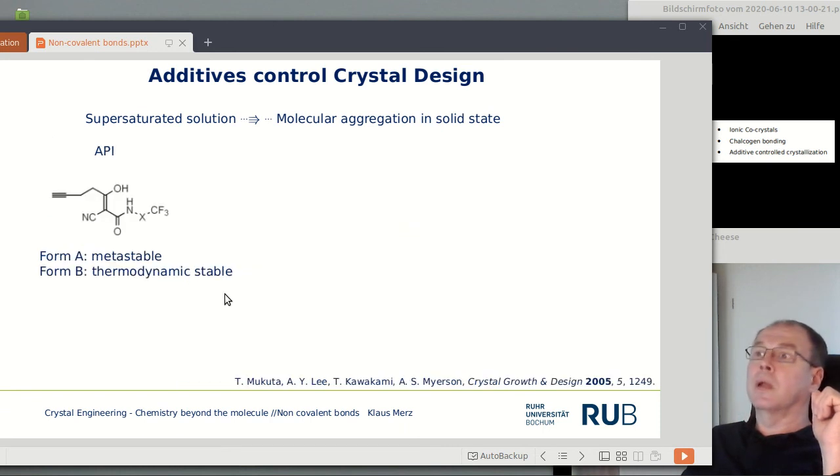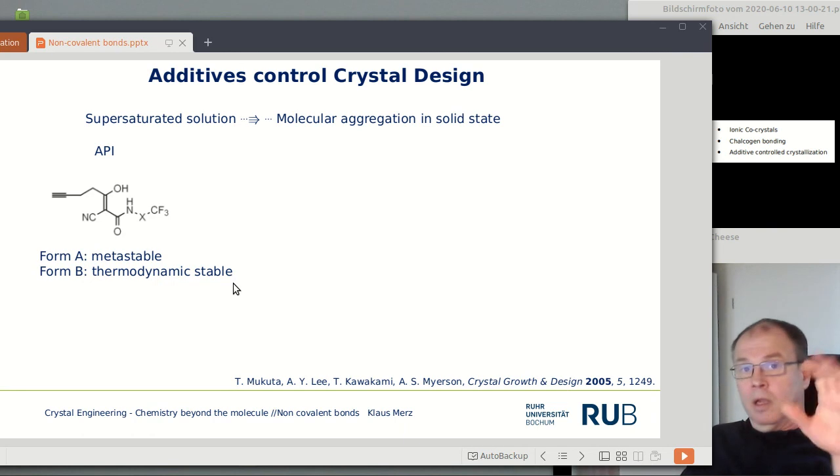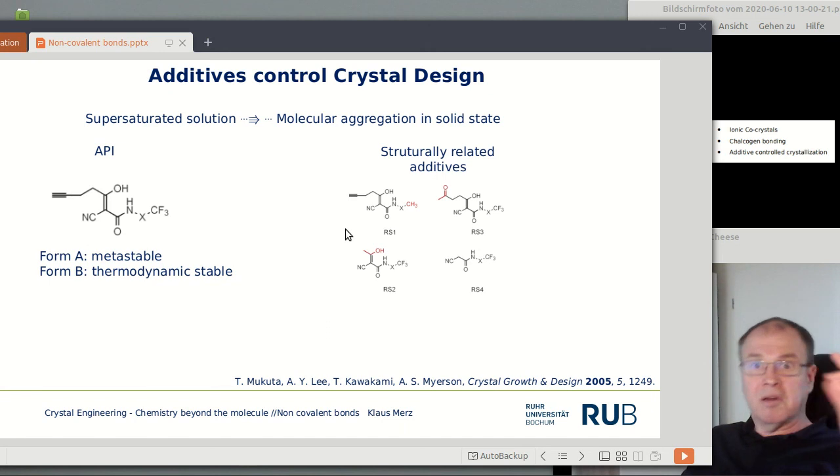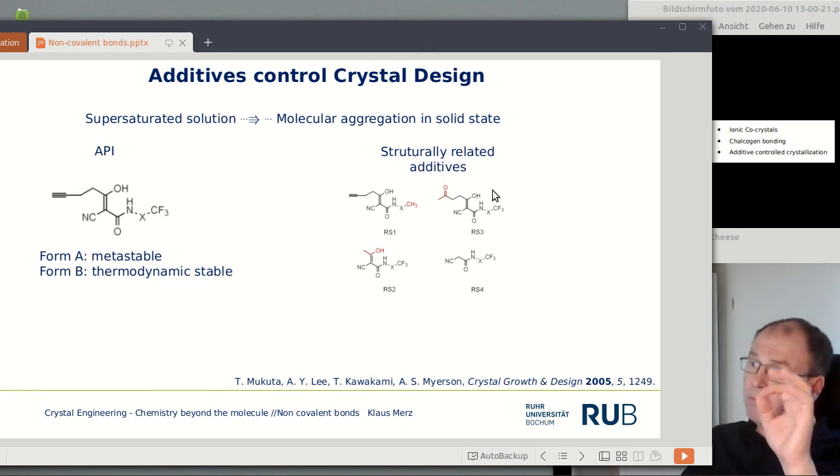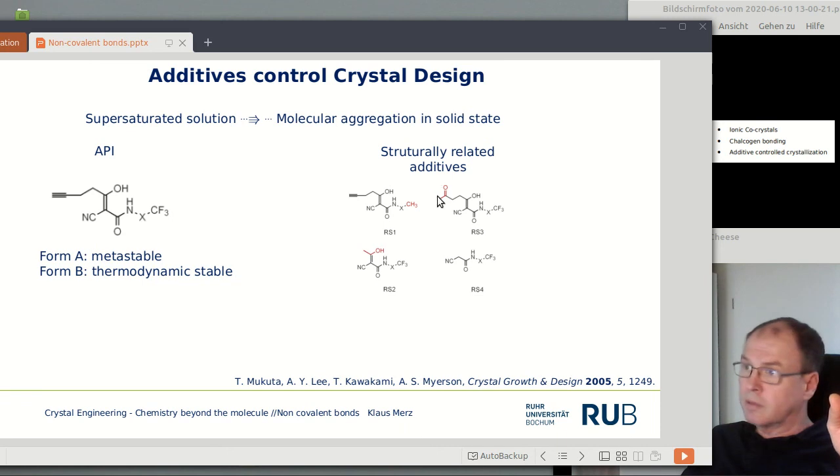Well, have a look. This is an API, and two forms are well known. Form A is metastable and form B is thermodynamically stable. If we crystallize now this API in the presence of the additives, and these additives are structurally very similar to the API, the difference only here the red marked residues.